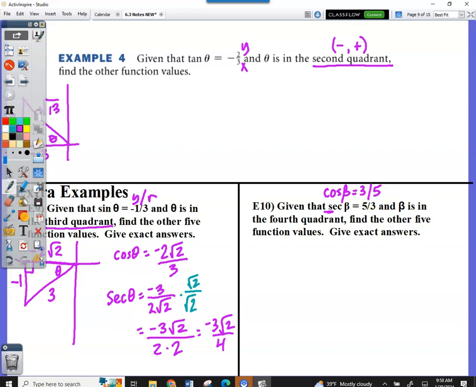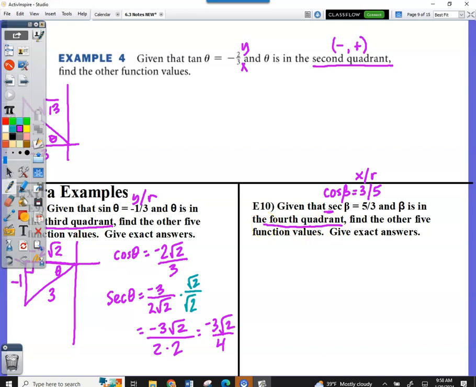Cosine is adjacent over hypotenuse. If you go to your picture, get your x, y, r by thinking to yourself, okay, adjacent to theta is x, and the hypotenuse is r. So they've just given you the x is 3, the r is 5, and we are in quadrant 4.